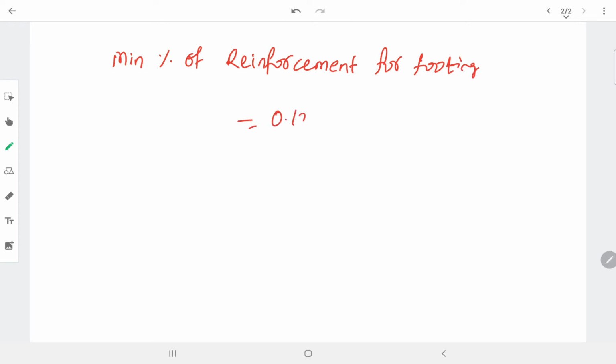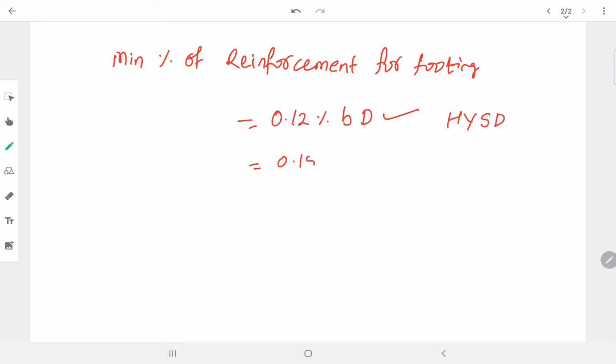Okay, and whenever you calculate, you will be getting a moment in a footing, and the minimum percentage of reinforcement for footing is equal to 0.12% of the total cross sectional area, that is B into D, for HYSD bars.